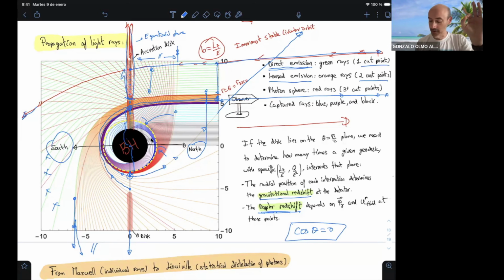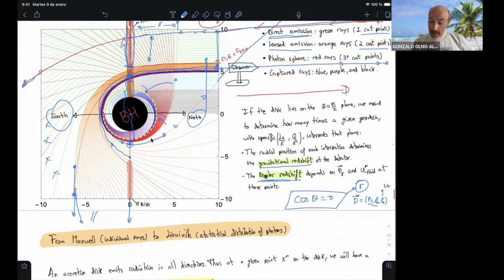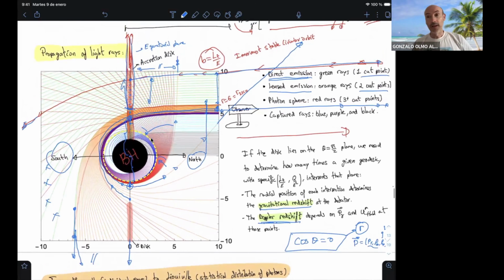The data that we save are the radial location and the four-momentum of the photon, that is p_r, p_theta, and p_phi. But p_phi is conserved. It is always the same, it is L. So we only need to compute these two. Very good, and that's something that our code will have to do.